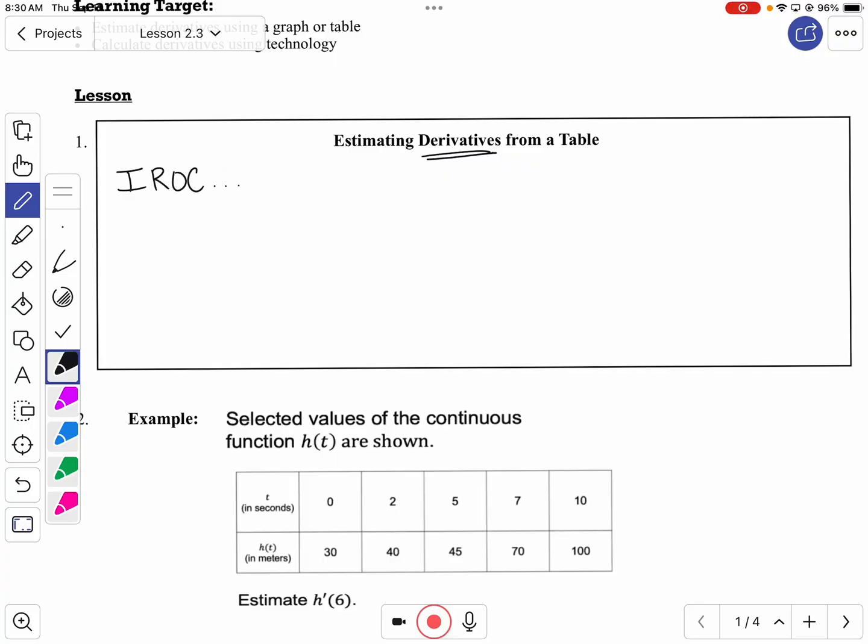Well, the only way to do that is to use an average rate of change to approximate. It will always say estimate or approximate the derivative.